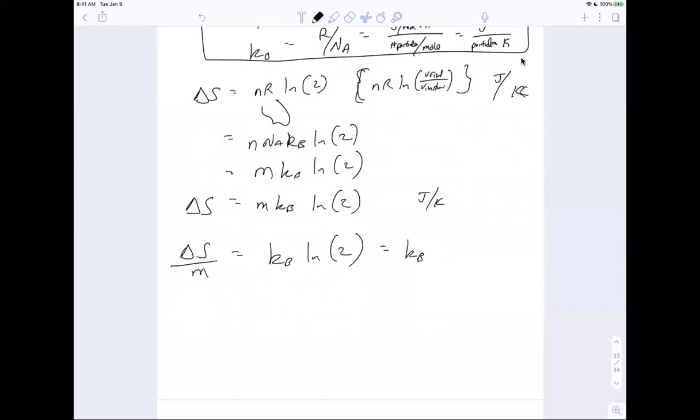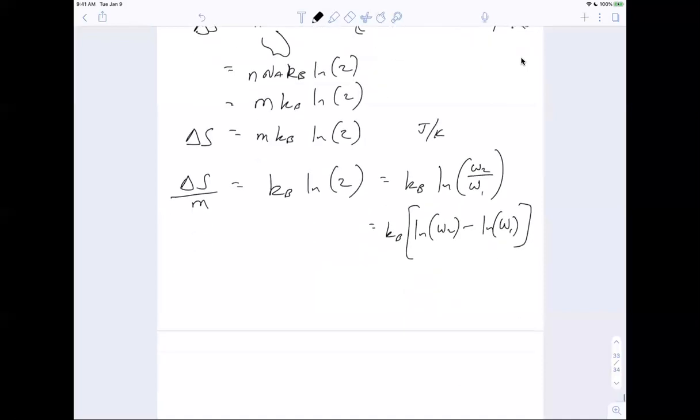That was k_B natural log of W2 over W1, which is equal to k_B natural log W2 minus natural log W1. I'm just unwrapping everything, which is k_B natural log W2 minus k_B natural log W1. That was delta S over M.